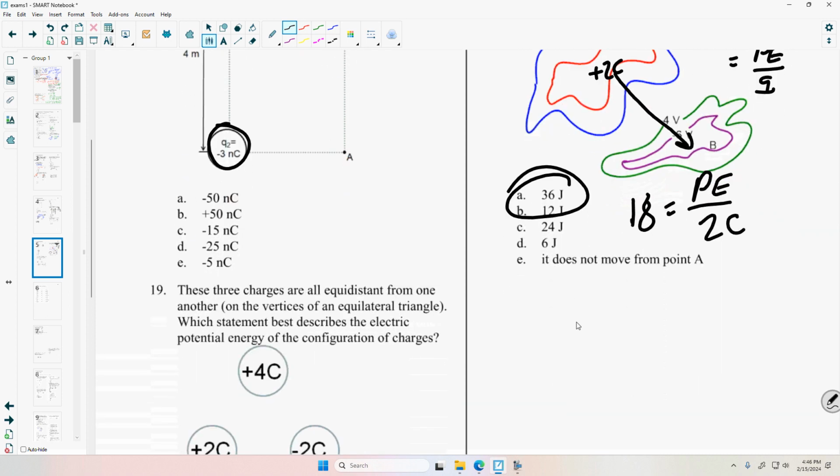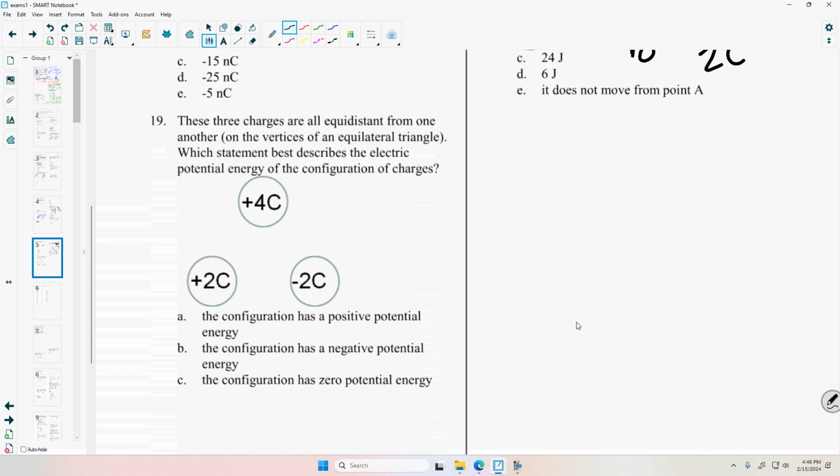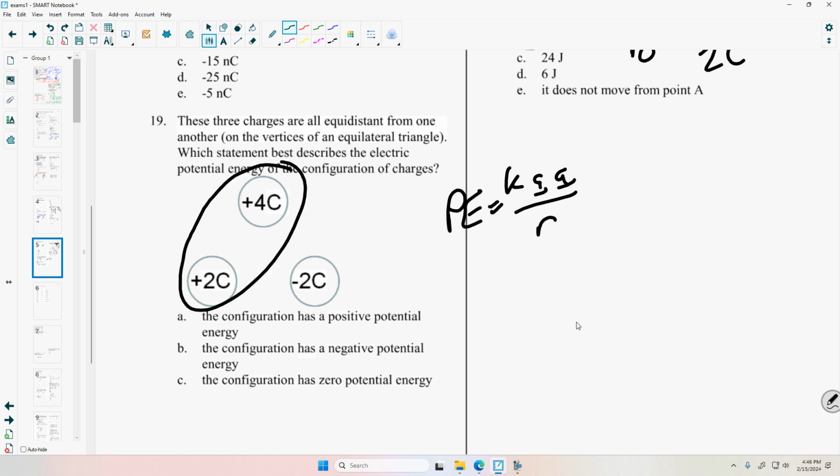And then number 19, you're going to have one like this. So the easiest way to think about this is the potential energy is kQQ over r. Actually, it looks almost the same as this. k and r are the same for all of these. That's why it's an equilateral triangle. So to find the total potential energy, I consider each of the three pairs.